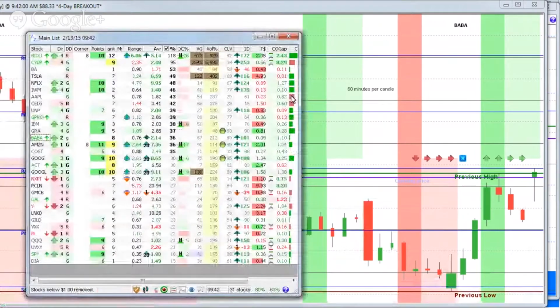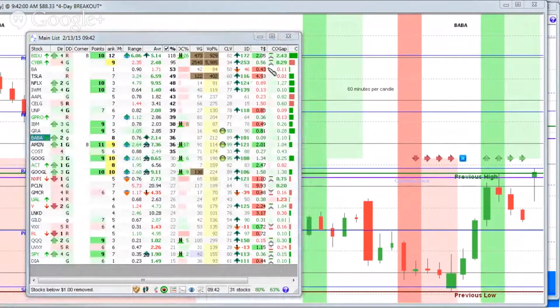There's a gaps column, closed open gap. And these little icons, I'll just draw little markers around them. See this one here, I know I'm drawing right on top of it, but you see there's only a few that have them.